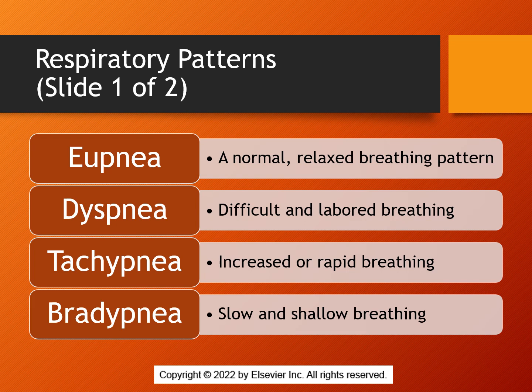Tachypnea is increased or rapid breathing, and bradypnea, I think is what it is, but that's very slow, shallow breathing. So just know those words again. Anything tachy is fast, brady slow. Dys means difficult, and eu just means normal, and then the last part of the word is breathing. So normal, difficult, fast, slow.